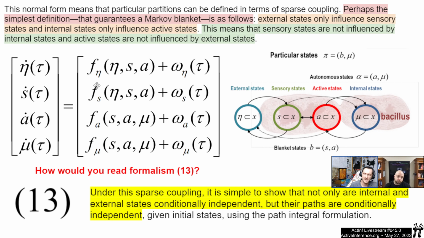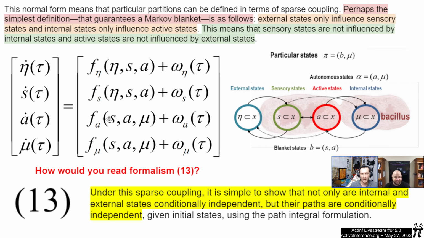So sense and external states are a function of external, sense, and action states, plus accompanied noise terms, whereas action and internal states are functions of sense, action, and internal states. And so external and sensory states are not being caused by internal states. That's the only missing guy here, mu. It looks like NSA, it's not, it's eta SA.